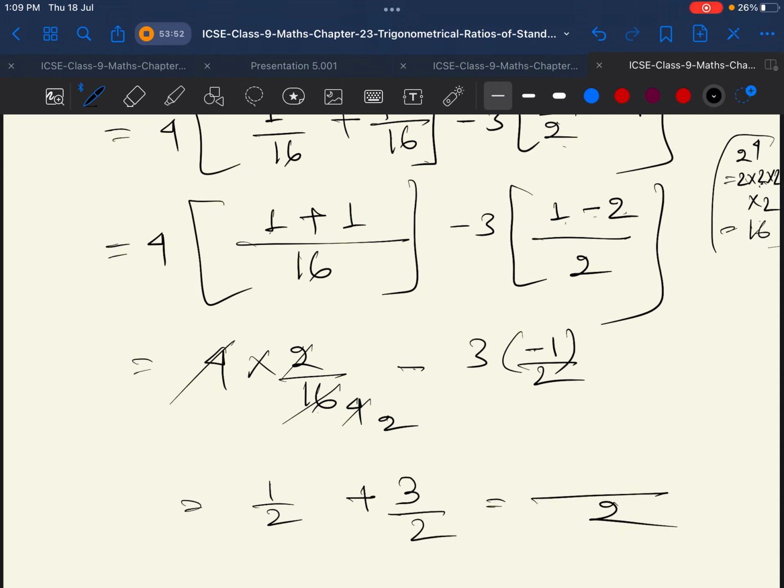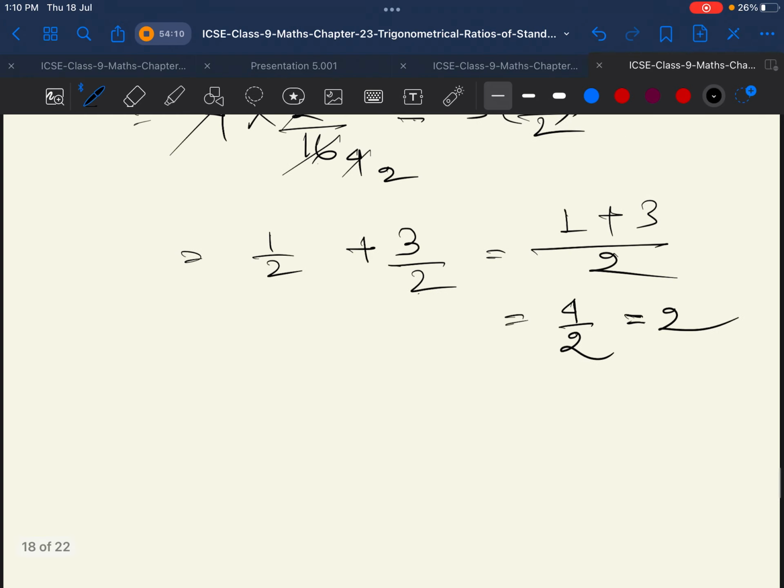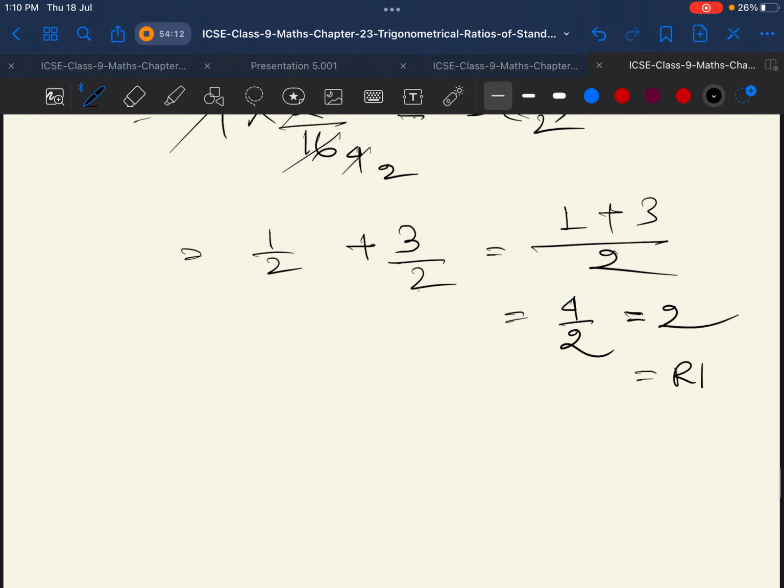Here LCM 2, so 1 plus 3 is 4 by 2. So this will be 2. We prove the right hand side. Okay, this is the proof.